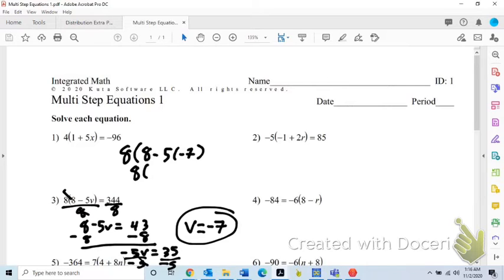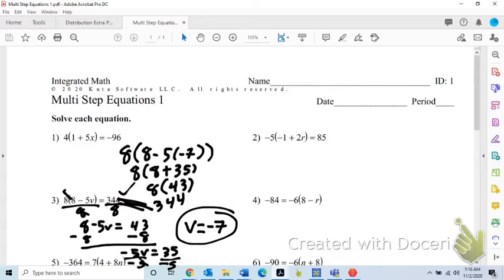So that gives us 8 times 8 minus 5 times negative 7, or 8 plus 35. 8 plus 35 is 43. 8 times 43 is 344. So that checks, right? See how they're the same? That means that our answer, negative 7, is correct.